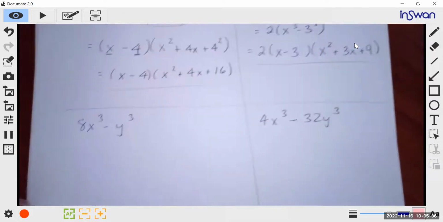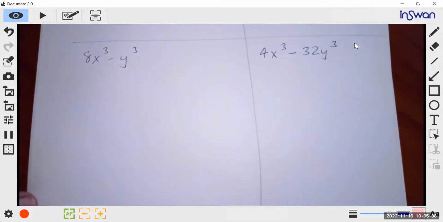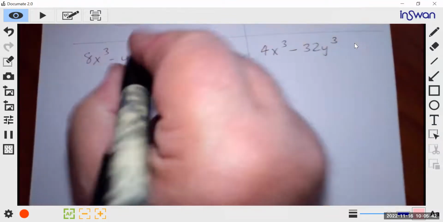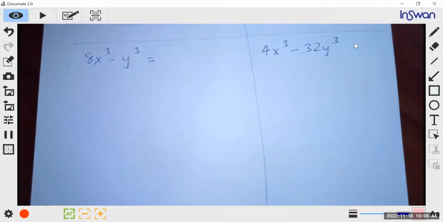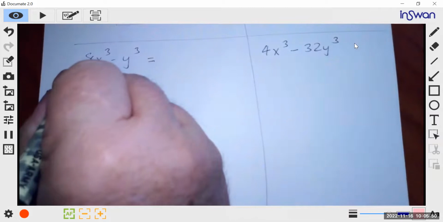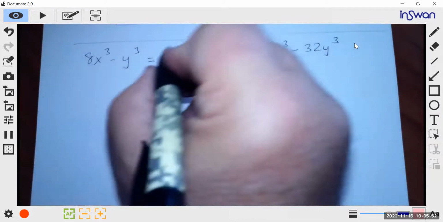How about the next one? Is the first term a perfect cube? Yeah. 8 is made up of what? 2 times 2 times 2.